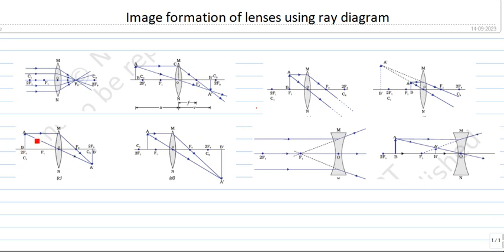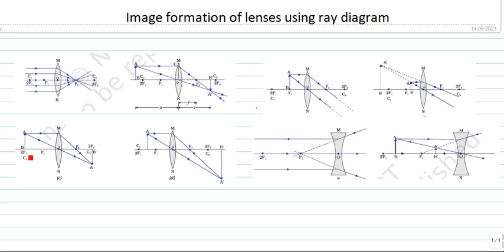2F. This figure here will show you the object is placed at 2F. When you place the object here and draw two rays, one passing through the optical center and one parallel to the principal axis, when they meet after refraction, we find that the image is also formed at 2F2.